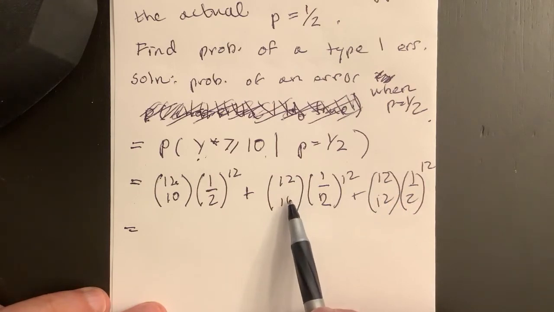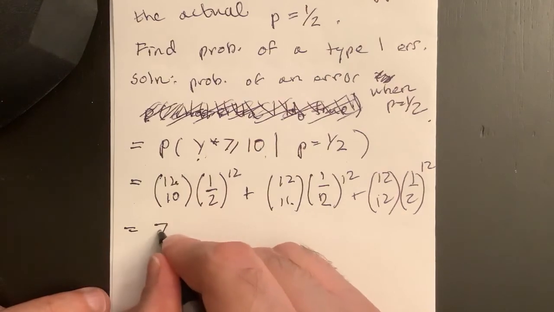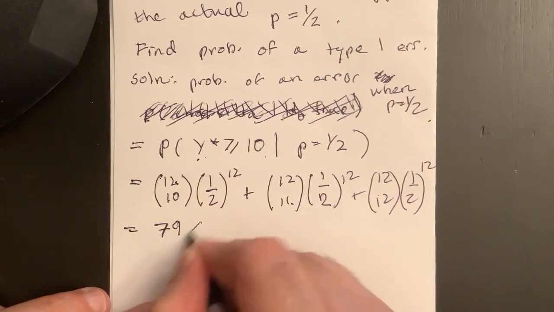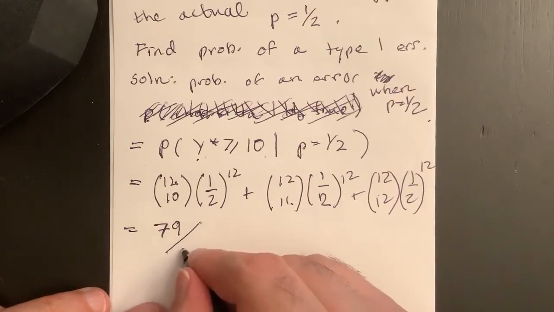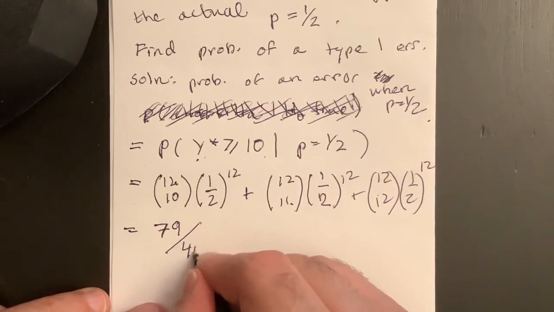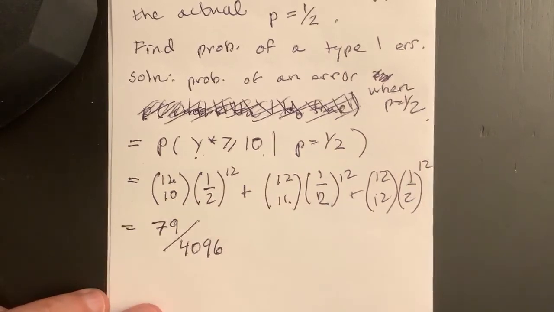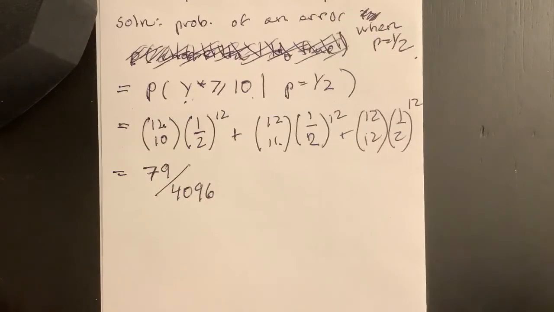So that's 79 over 2 to the 12th, which is 4096. Pretty small chance. It's almost 80 over 4,000, which would be about 1 over 50. So this is roughly 1 over 50, or a 0.02 chance of a type 1 error.